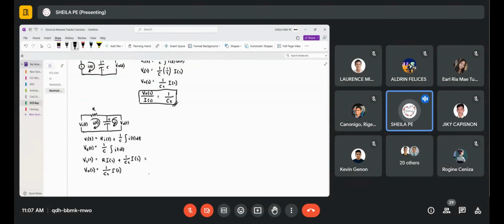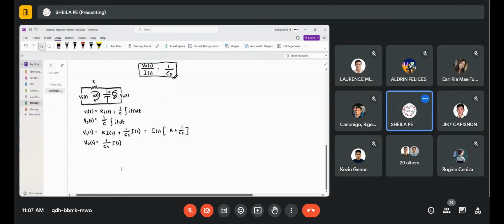Now, in here, we can factor out I of S, which is common. So it's R plus 1 over CS. Right. Now taking as our definition of the transfer function, it's the ratio of our output to input.